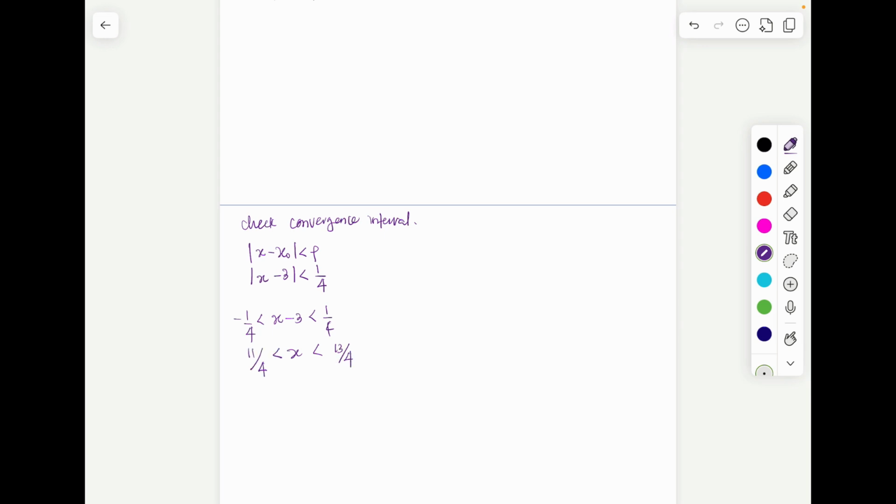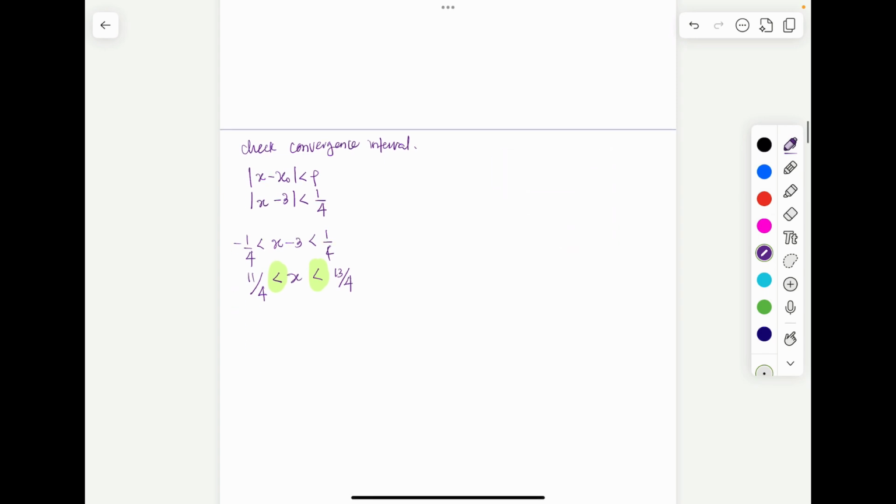So now you want to check this inequality. Does it have the equal sign or not? To check that, like the previous example, we first check the case when x equals 11/4. So you plug in 11/4 into the original series.